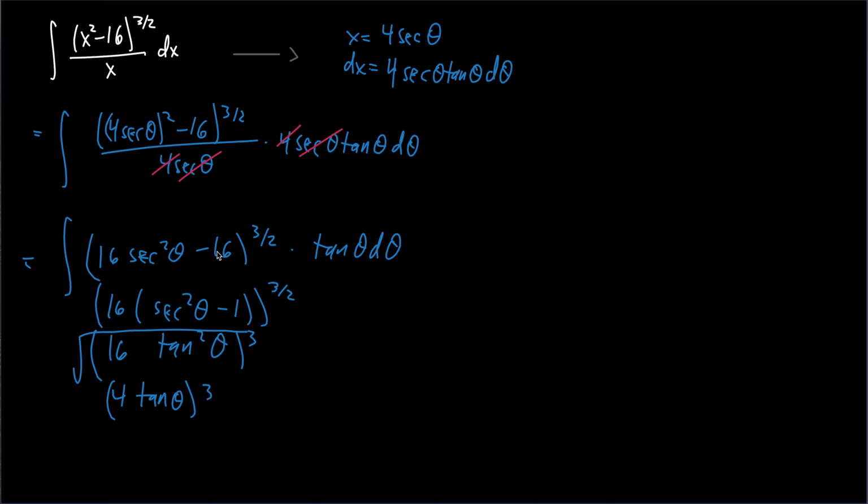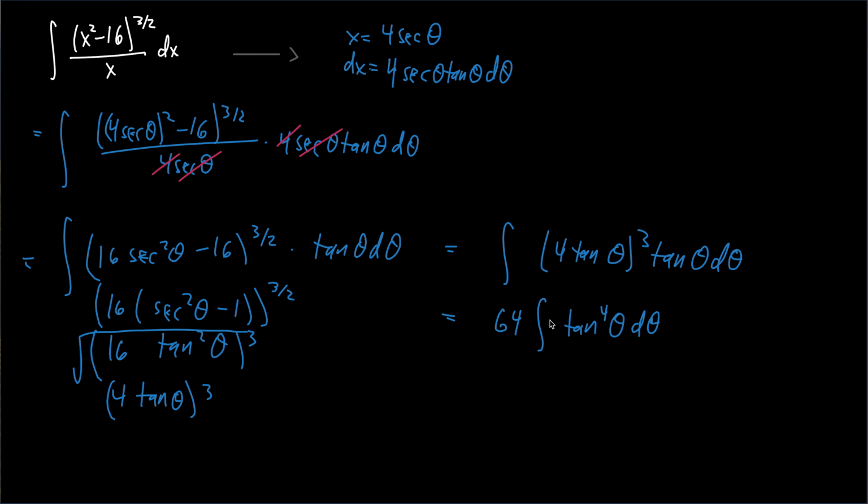This is an intermediate step, and the integral then equals the integral of 4 tan theta cubed times tan theta d theta. So 4 cubed is 4 times 4, 16, times 4 is 64. And then you have 3 tangents, and you get another tangent, so in total we've got 4 tangents.